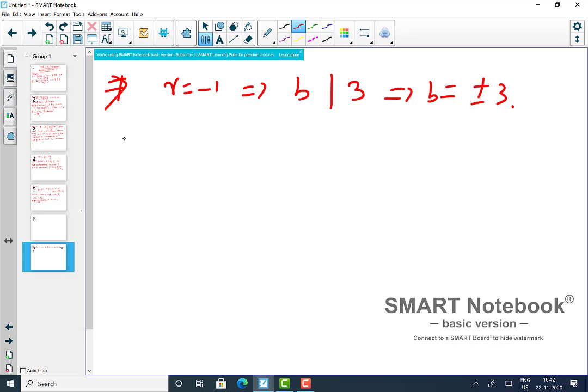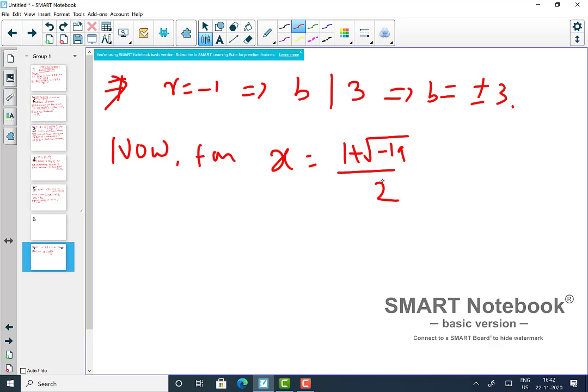Now I choose another nice element. Let me choose x equal to that special generator, 1 plus root minus 19 over 2, and I can play the game, because I assume that this is the Euclidean domain with a Euclidean norm.